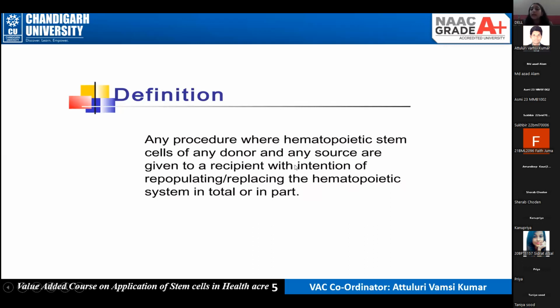It means when a person has a disease in which their own blood cell lineage is proliferating abnormally, like in leukemia, at that time we go for the transplantation. We want the transplant to grow, repopulating the system of that person.